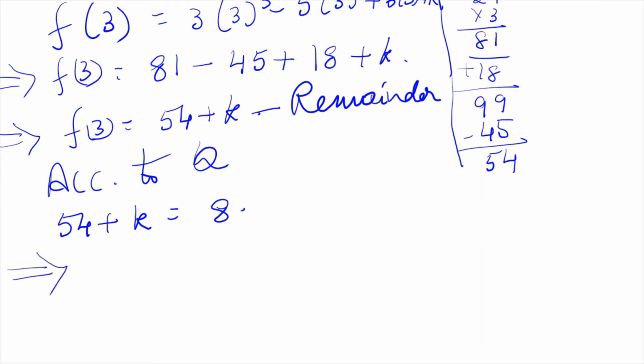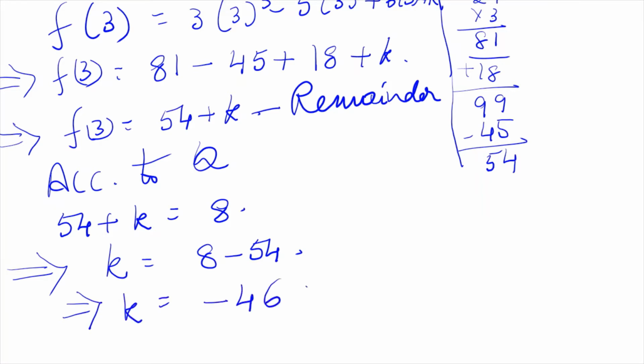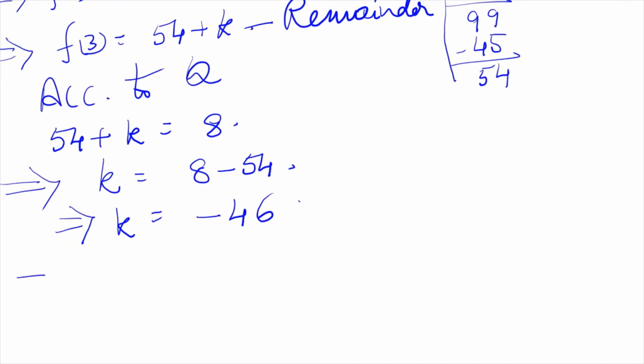So this implies k is equal to 8 minus 54, or k is equal to minus 46. So the value of k is minus 46, so minus 46 should be added.